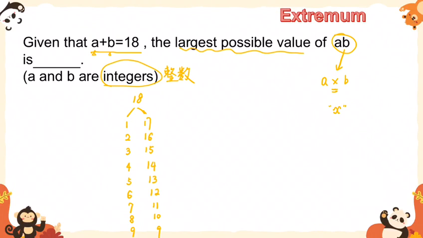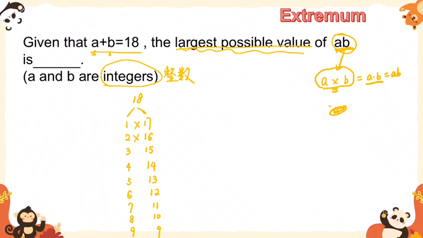So when you write down a term, you need to drop or omit the multiplication sign. Or you can draw it like this: a times b. Or you just write down ab. So this ab means a times b. It's the product. So the question is the largest possible value of the product of a and b.